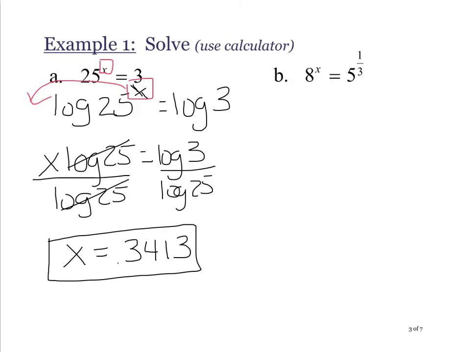Okay? So on this one, you could take the 8 and make it 2 to the 3x, but because they don't have the same base, don't do extra steps for yourself. You're just going to go through and do the log of both sides. So the log of 8 to the x equals the log of 5 to the 1/3. And those powers will both come down. So I'll write them in red.